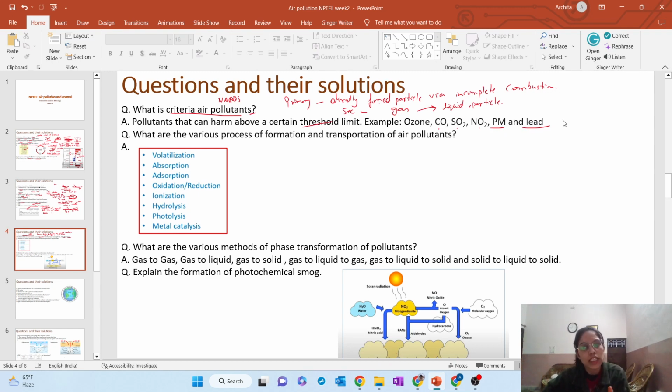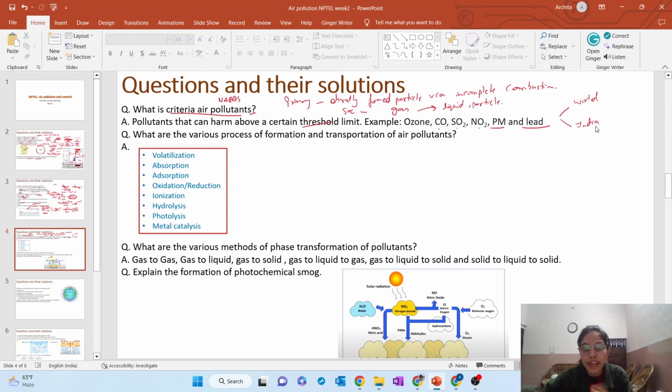Their threshold concentrations have already been decided by the NAAQS and EPA, and if they go above a certain limit, they become hazardous. Their concentration limits vary: the threshold worldwide is different, and for India it is different.